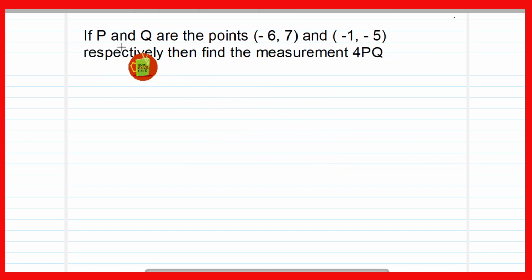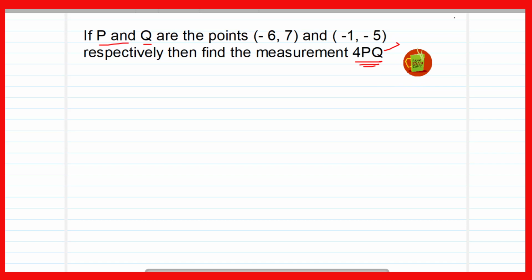The next question is: if P and Q are the points whose coordinates are (-6, 7) and (-1, -5) respectively, then find the measurement of 4PQ. Here we have to find the length of 4PQ.